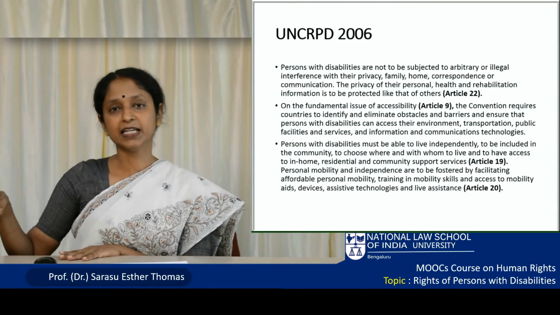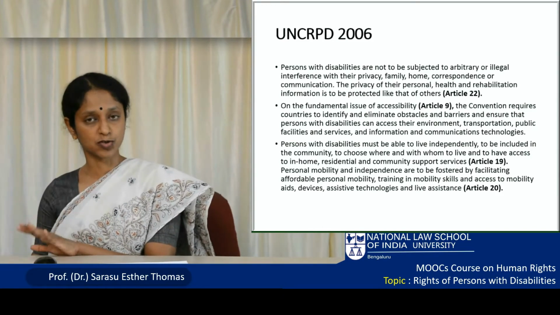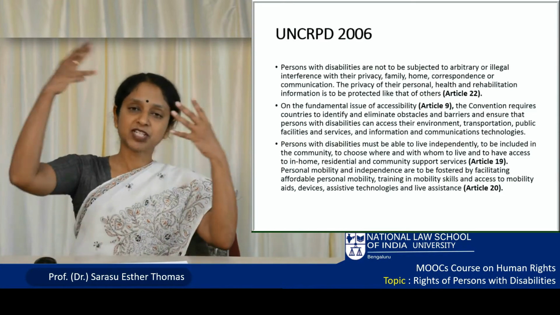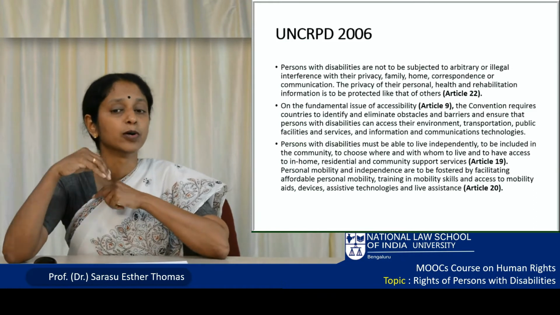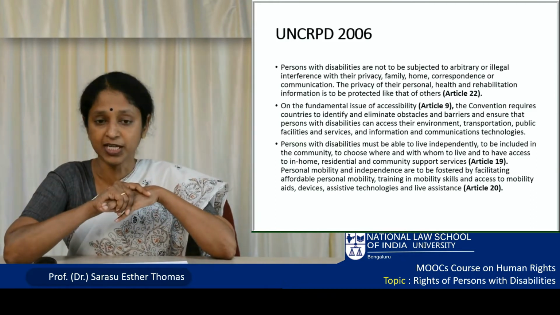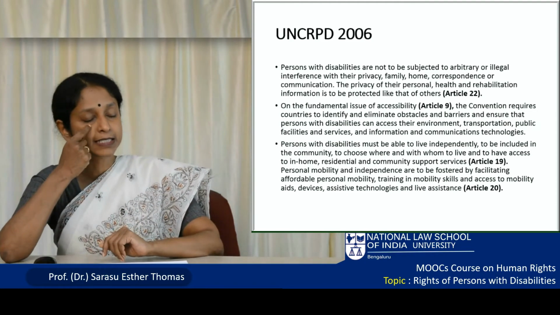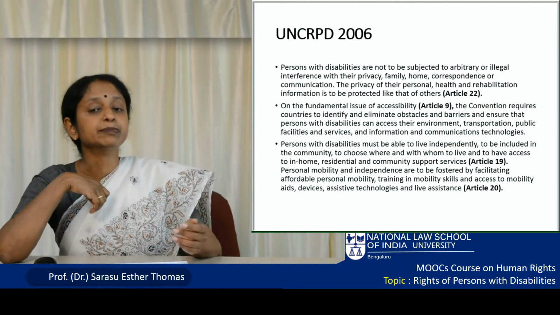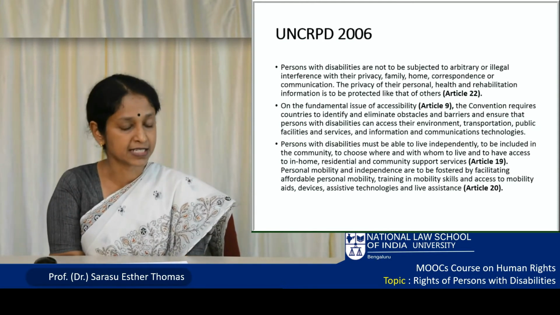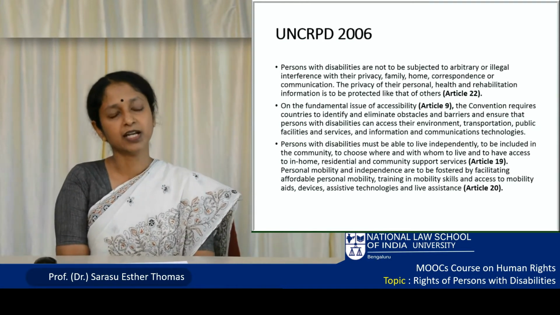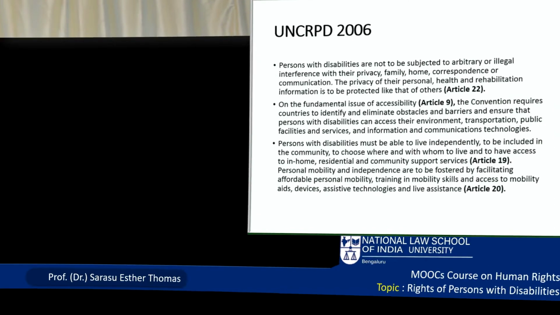Instead, we are saying that services must not just be available in special homes if they choose to go to the home, but those special services must be available at every individual's home or at the community level or residential level. So personal mobility and independence must also be assisted by encouraging personal mobility, training in mobility skills, devices, assistive technologies, and so on, and also, in some cases, actual assistance to the person.